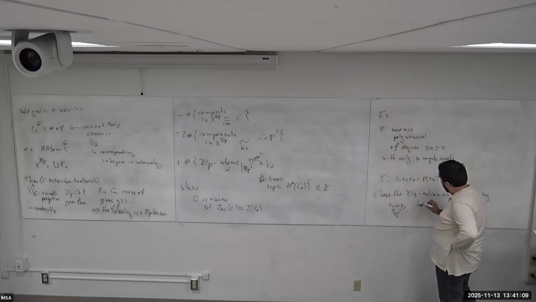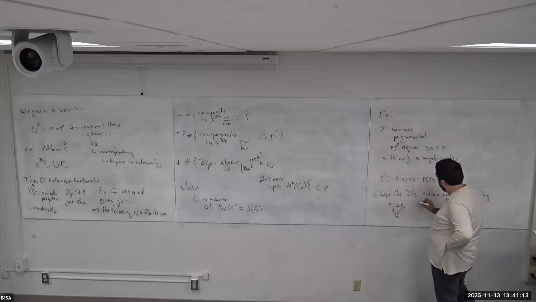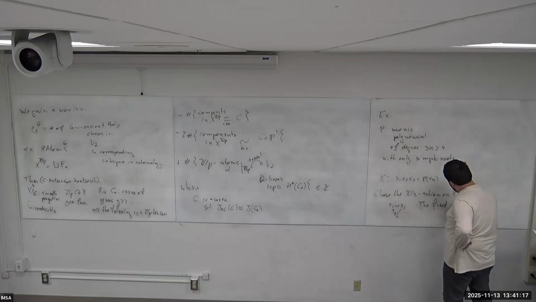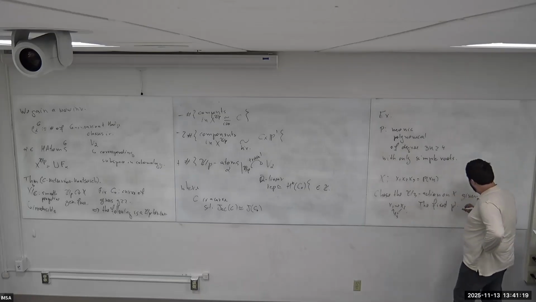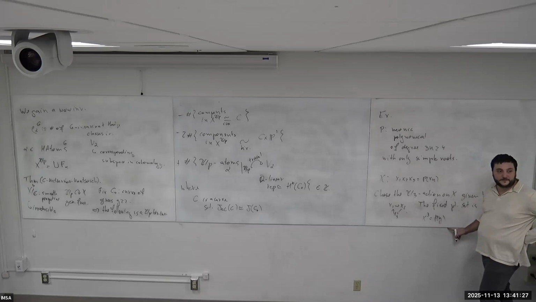Now look at the fixed point set. The fixed point set is given by this equation: x squared equals P of y.